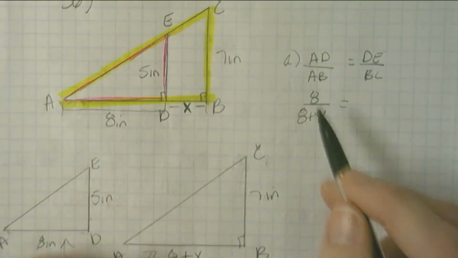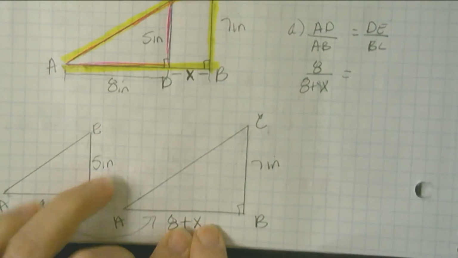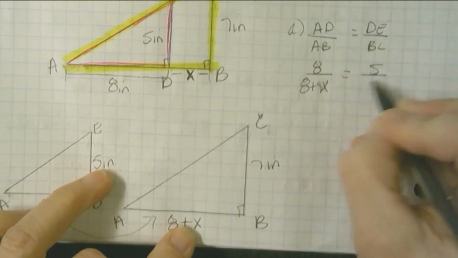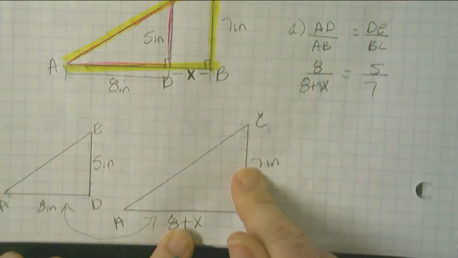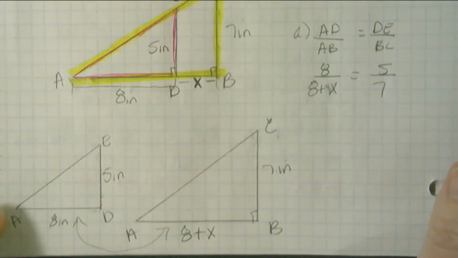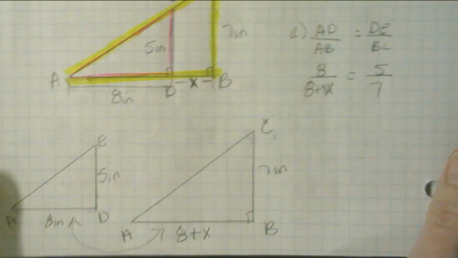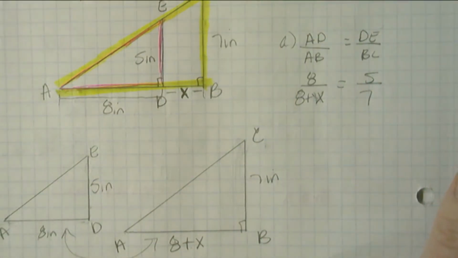All right, so I have 8 over 8 plus x is equal to 5 over 7. Questions so far? Okay, so now I'm just going to solve this proportion for part B. You guys all know how to do this. What do I have to do with my 8 plus x when I do my cross multiplication?